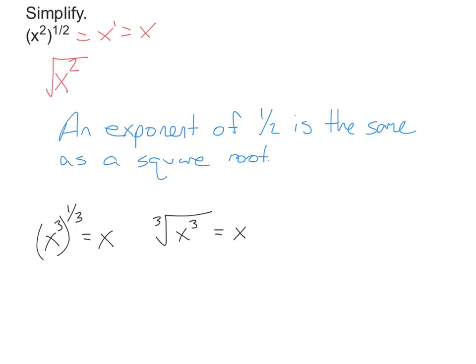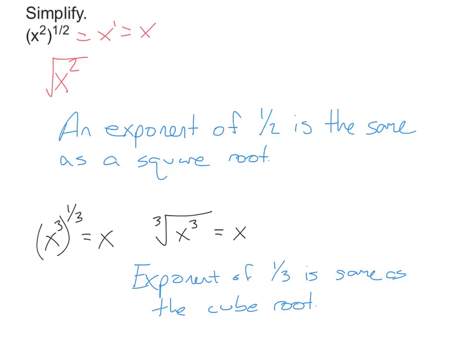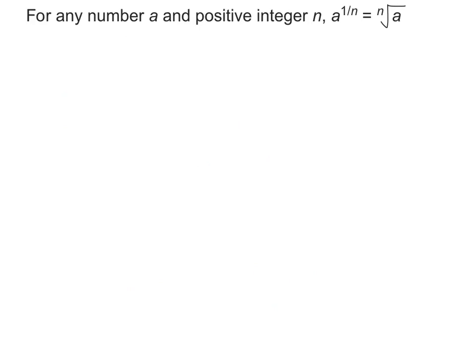So this must mean that an exponent of 1/3 is the same as the cube root. And so on. So we can build upon this to start talking about how an nth root is the same as the exponent of 1 over n.